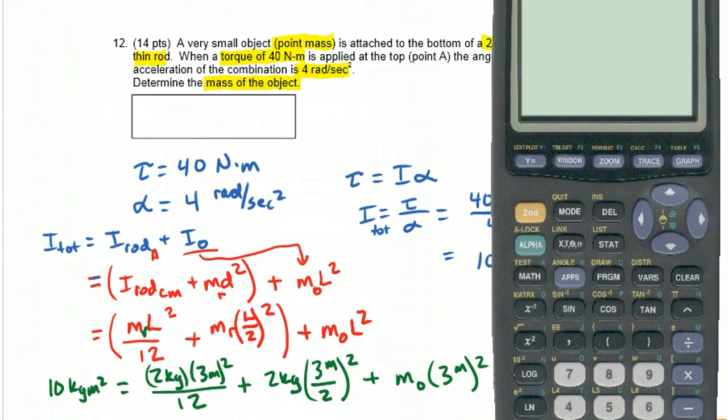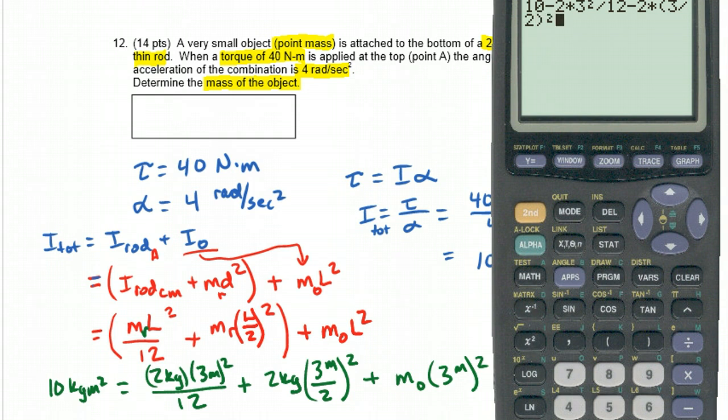So I will bring the calculator in, and then we'll take 10 minus 2 times 3 squared divided by 12 minus 2 times 3 squared divided by 2 squared. Let me back up and do that a little differently. So I'm right here. I'm on my 2 times quantity 3 divided by 2 squared.